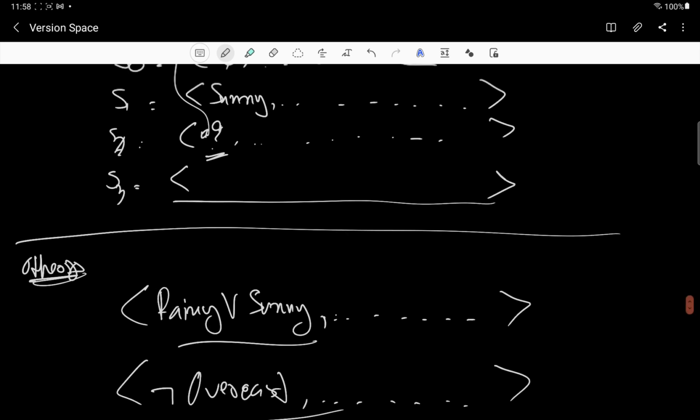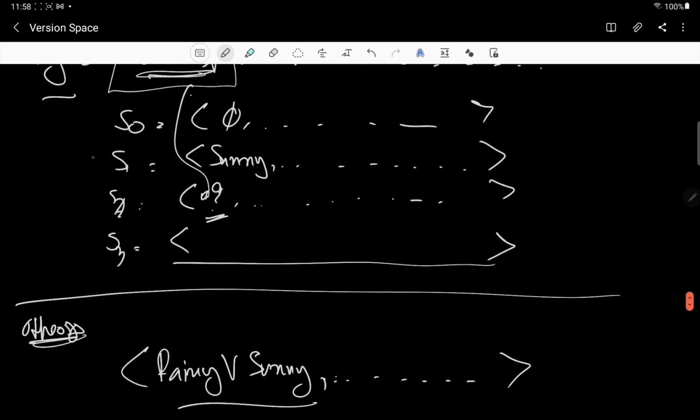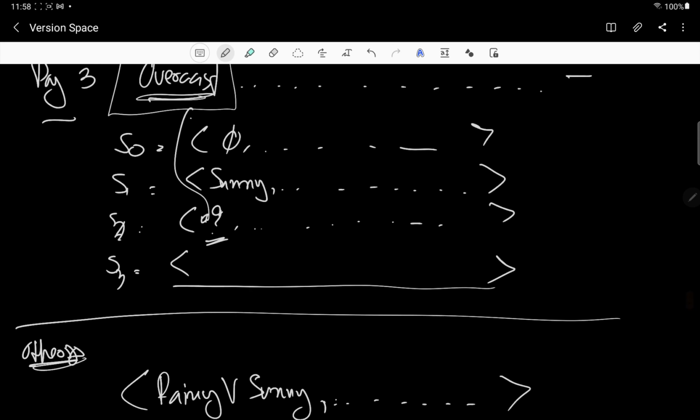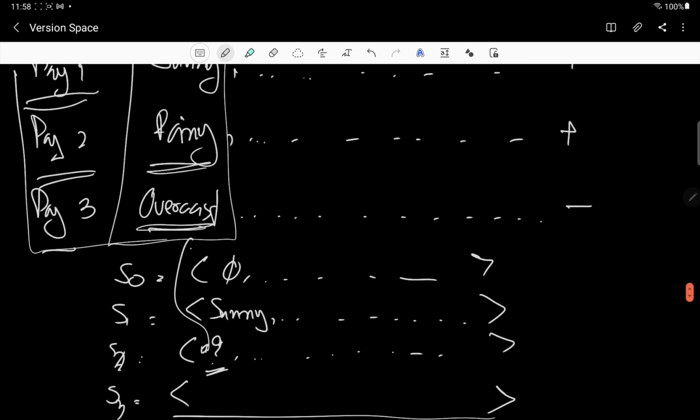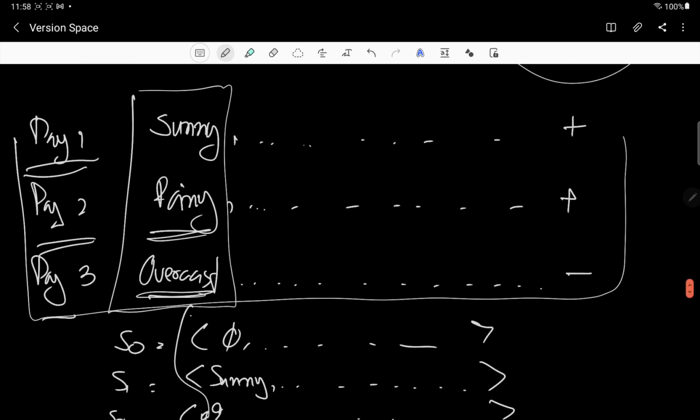So in this case, if this is the example of this case, of course we cannot find any hypothesis in our representation to cover just day one and day two, right? So we cannot find it. It doesn't have one.